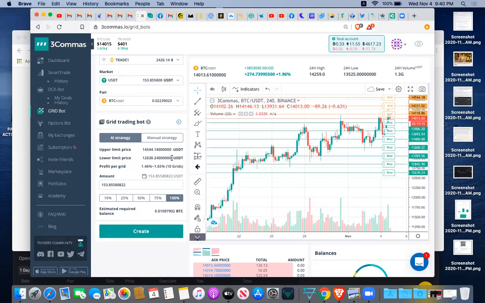It may not get there, it may get there, but what the AI shows is that the upper limit of Bitcoin within this period is this. So if I enter the market, it has capacity of dropping to $12,600, which I actually set some market at 12,005 and 12,007. So Bitcoin can drop to as low as 12,700, maybe somewhere around here.